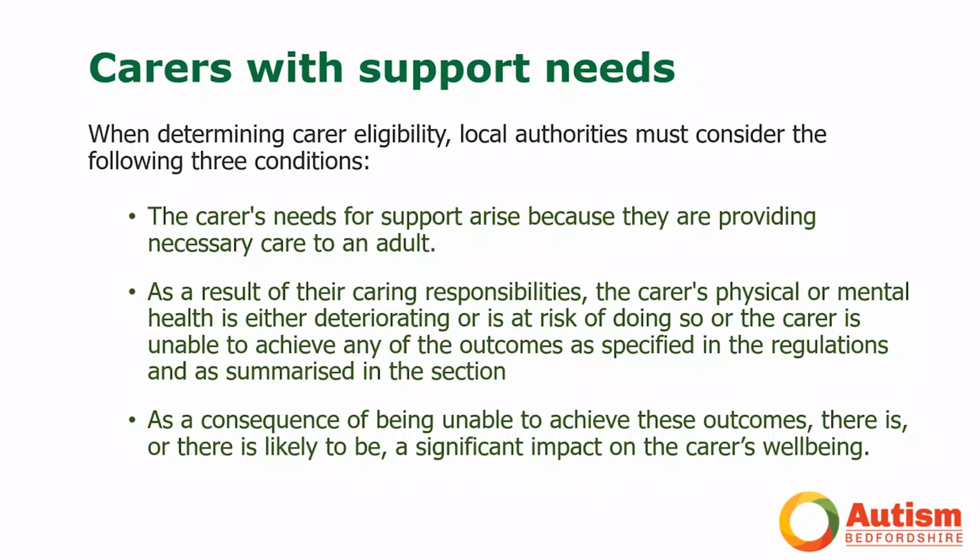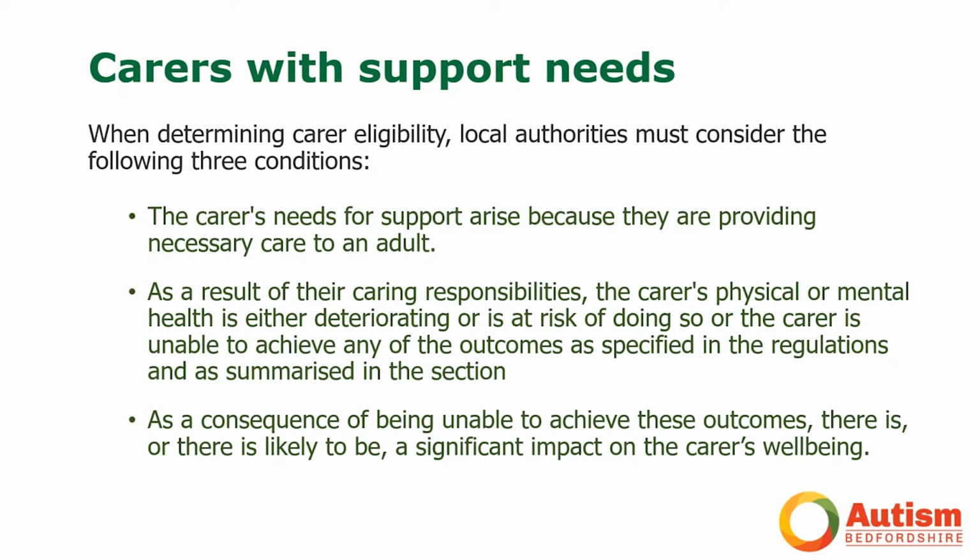So carers with support needs, this is when you determine the care eligibility. This is what you have to be looking out for. The carer's needs for support arise because they are providing necessary care to an adult. For an autistic carer, when you have an autistic child, there are a lot of support needs that the autistic carer has, but as that child grows up into an adult, often the impact is greater on the autistic carer.